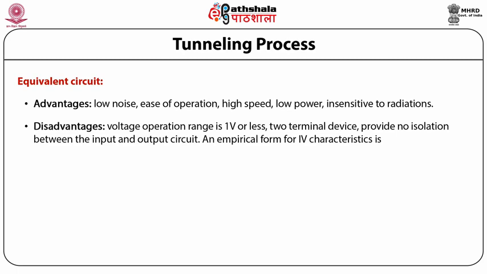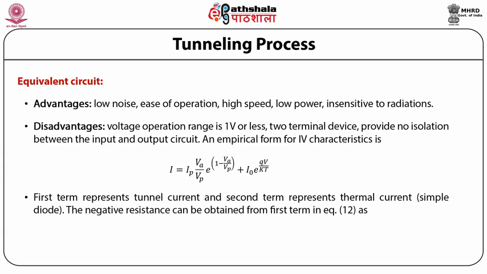So students, the empirical relation for the I-V characteristics of the tunnel diode is I equals I_P times V_A by V_P times exponential of (1 minus V_A by V_P) plus I_0 times exponential of qV by kT. Here the first term represents the tunnel current and the second term represents the thermal current for a simple diode.